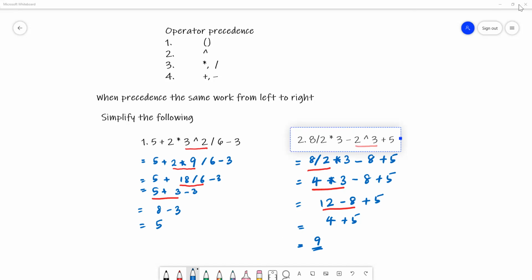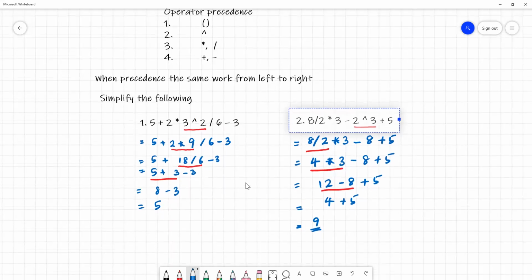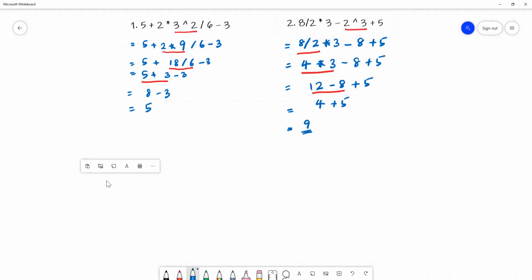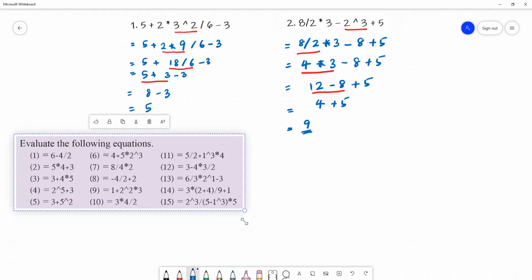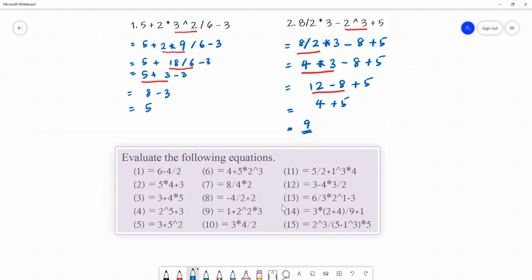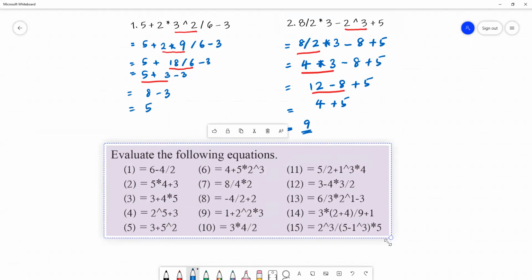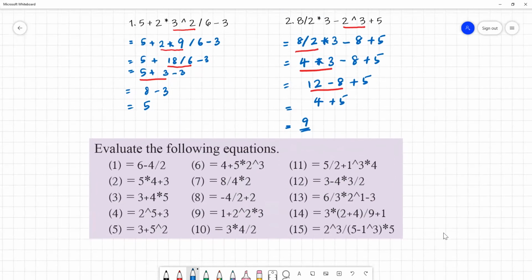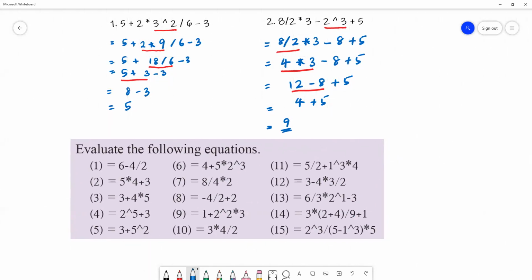Now let's put that. Okay, quickly, I want everyone to work on this, and then we'll discuss the answers. Let's try to finish it as soon as possible.